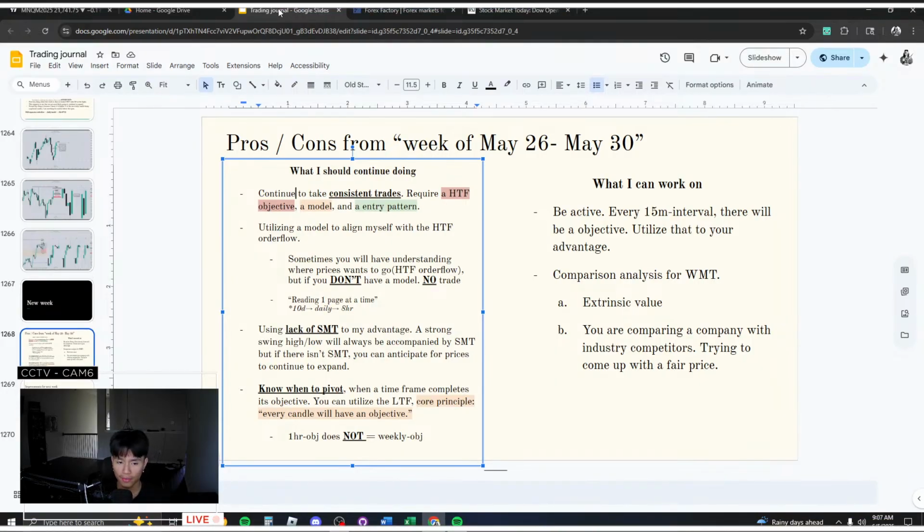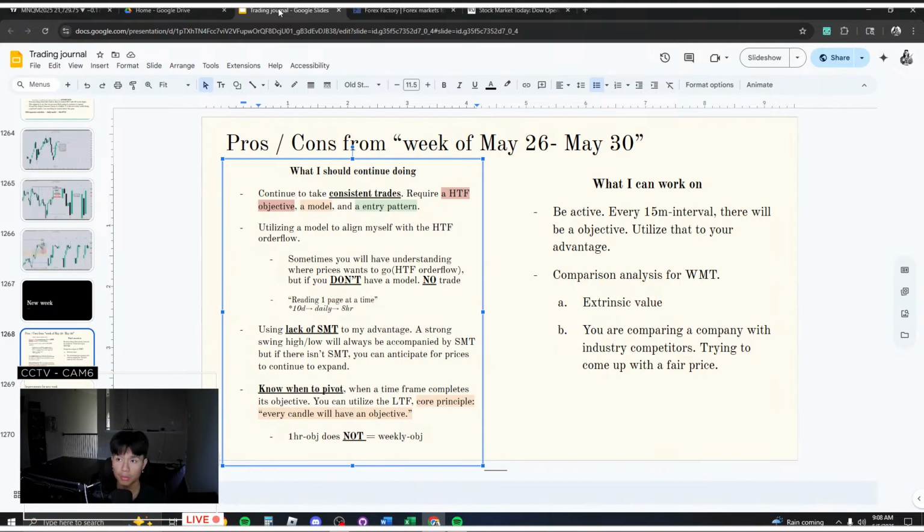You're not going to have an understanding of what occurred in those 49 pages, whether some new characters might have been introduced, new plot, and yeah, so you want to go from, for instance, a 4-hour higher time frame objective onto maybe the hourly as your model, and your entry pattern could be on the 15-minute.